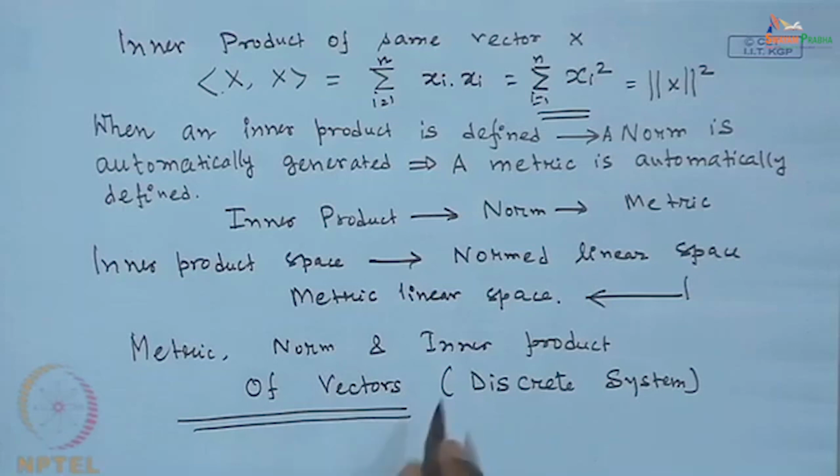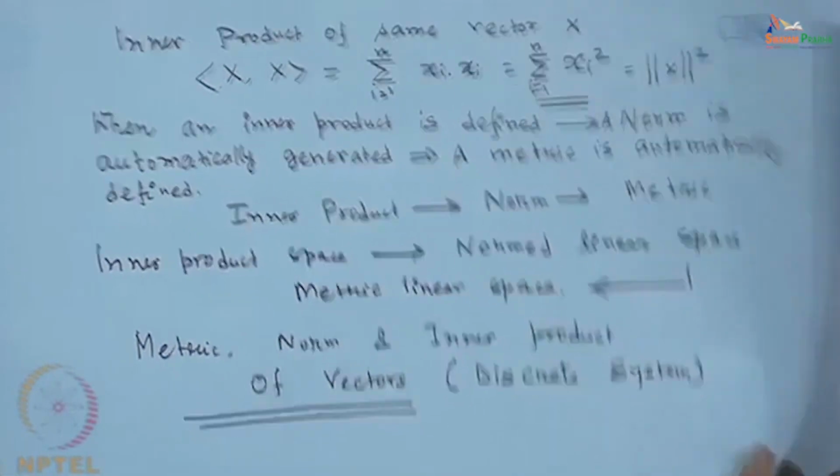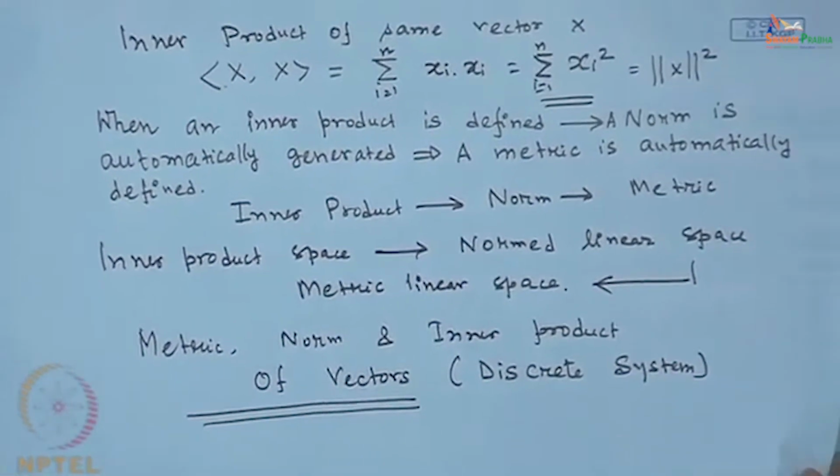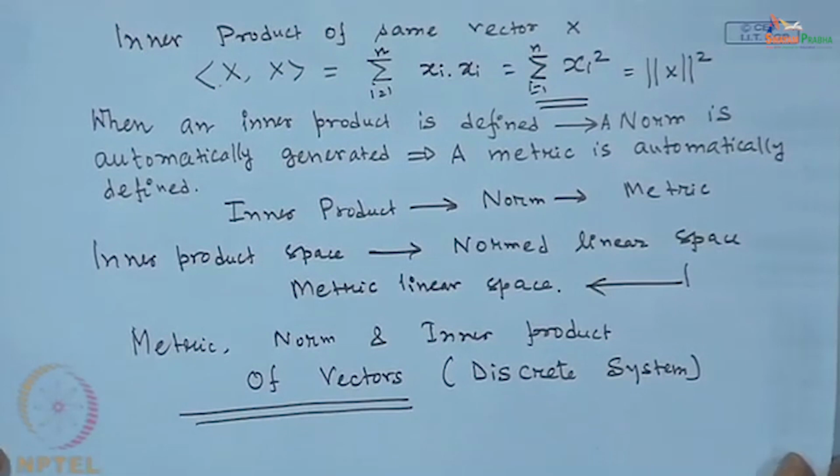We have seen that if an n-dimensional generalized vector is given, either in real space or in complex space, how to mathematically express the metric, norm and inner product. Next, we will see what happens if your system is not a discrete system, but a continuous system.